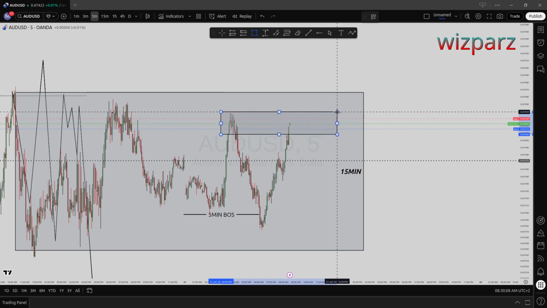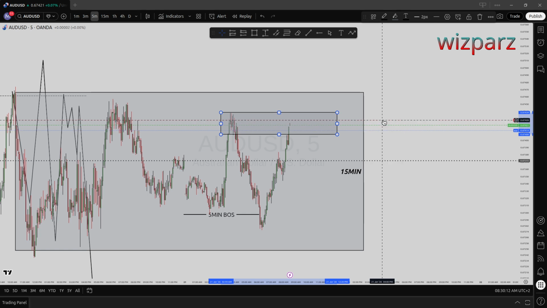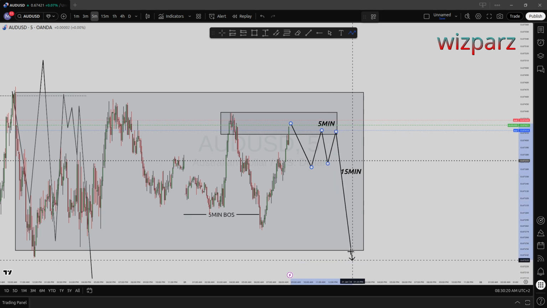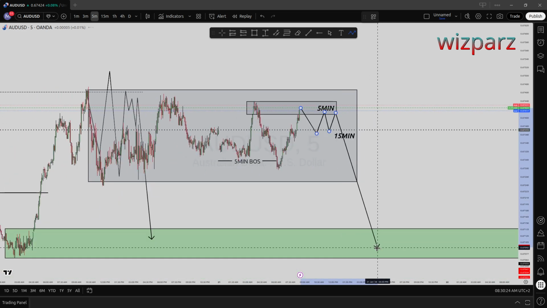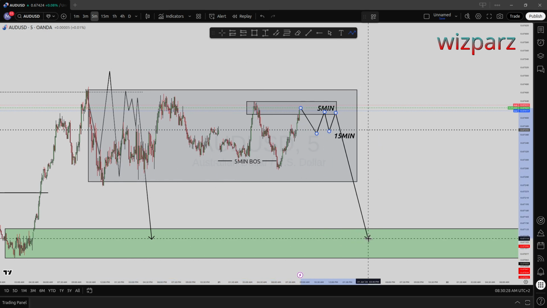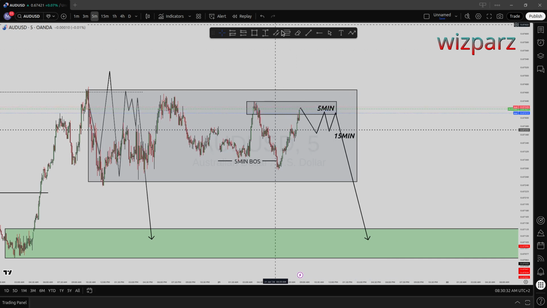If this level holds, I will look for a short opportunity. If we do see a change of character on the 1 minute time frame, I will go short, targeting price to make a pullback of the 1 hour trend, to clear out all of this open liquidity and come back to this area. That's what I'm waiting for on AUDUSD.